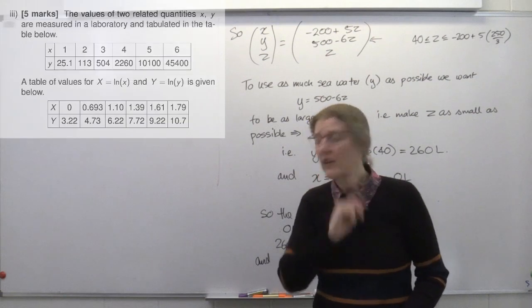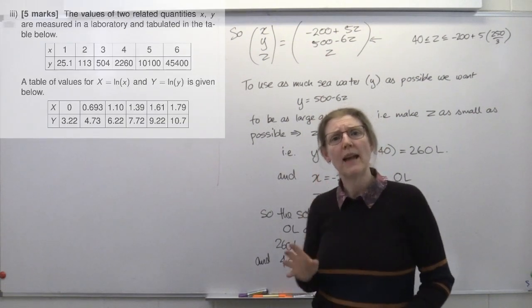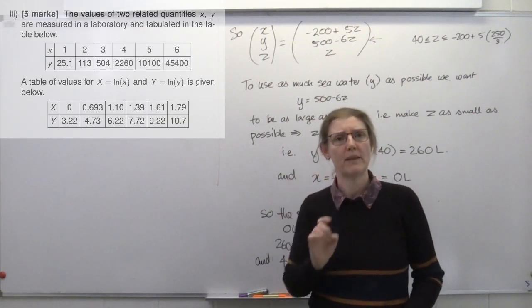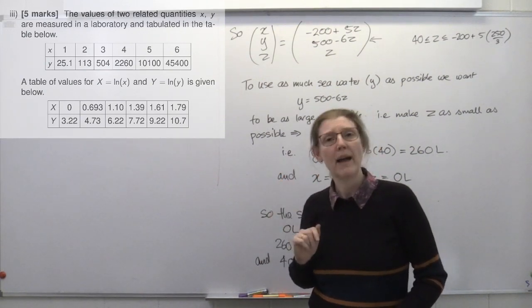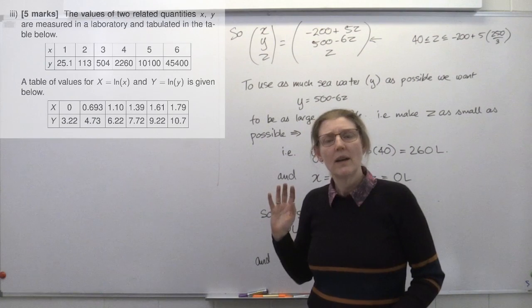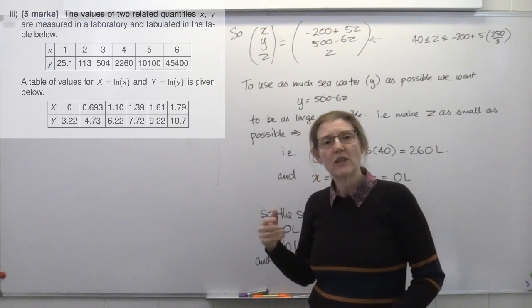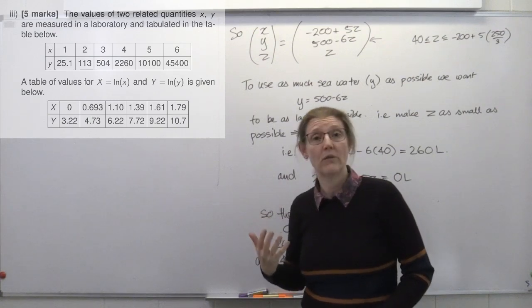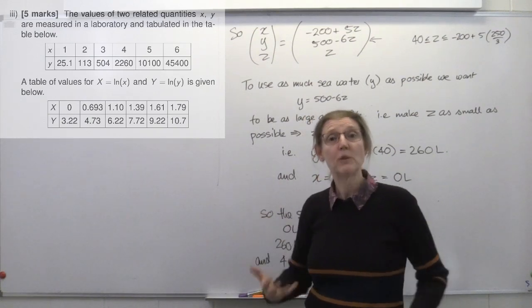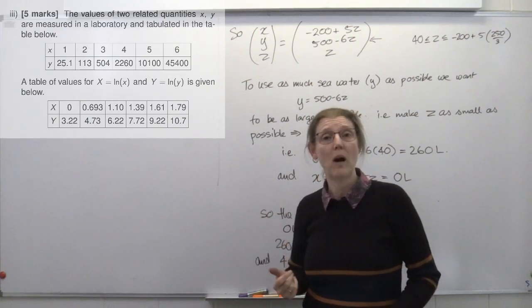But they've also given us a table of values where they've taken the logarithm of both the x and the y. So this also has a relationship between a capital X variable, which is our log of little x, and a capital Y, which is the log of little y.